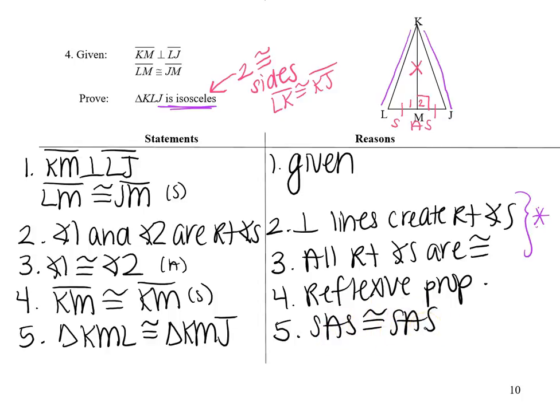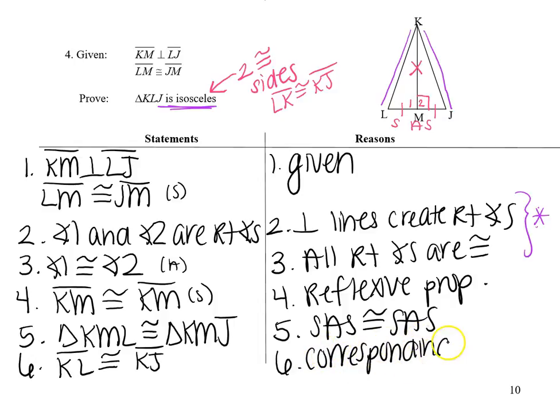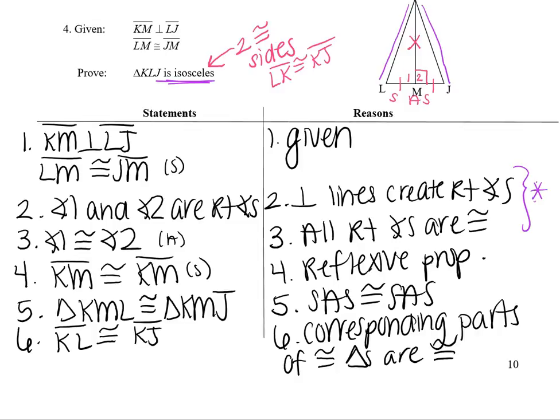And then, like I said, I was going with this. Now I'm going to say that KL and KJ must be congruent. Okay, because I've proved the triangles are congruent, I can now say their parts are congruent. Okay, now that I've got those sides congruent, I have two sides congruent, I can just say that, well, triangle KLJ is isosceles.